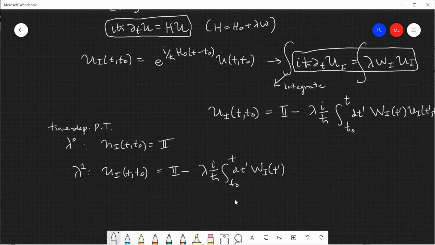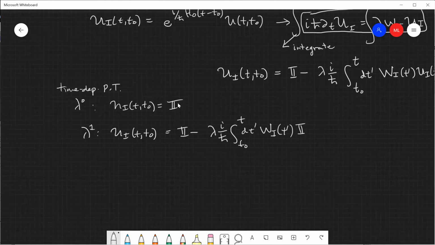So it'd be of higher order. So we just put in the identity here instead, which of course is just 1. So this would be the first order correction due to the perturbation. You see, it was just this integral of just the perturbation in the interaction picture.